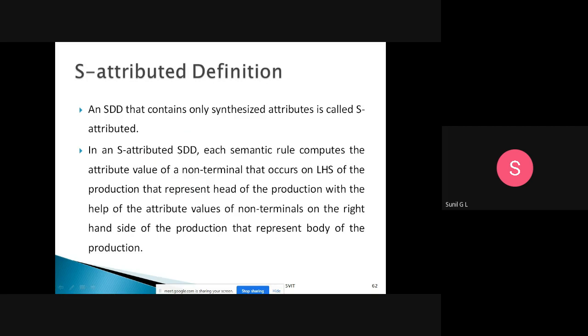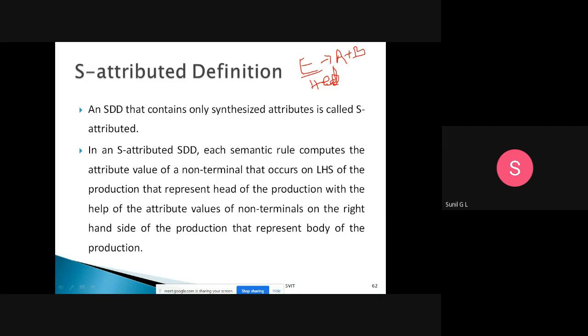Okay, so in an S attributed SDD, each semantic rule computes the attribute value of a non-terminal that occurs on the LHS of the production. Suppose we have a production E tends to A plus B. This is the left hand side of the production, that we call the head.